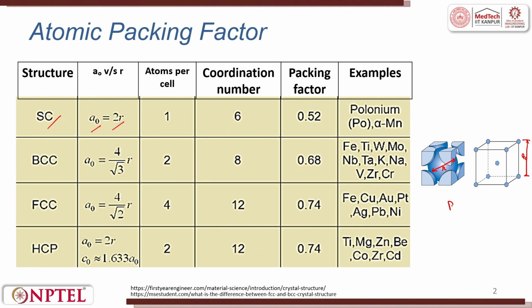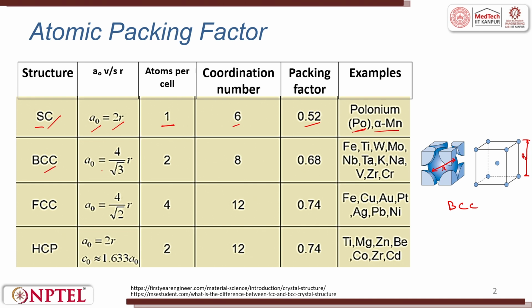So what I am representing here is BCC. For simple cubic, A naught is equal to 2R, number of atoms per cell is 1, because the total 8 corners would each have a part of the cell, and when we combine them together it becomes one cell. Coordination number is 6, packing factor is 0.52. An example for this could be polonium, that is one of the metals, and alpha manganese as well.